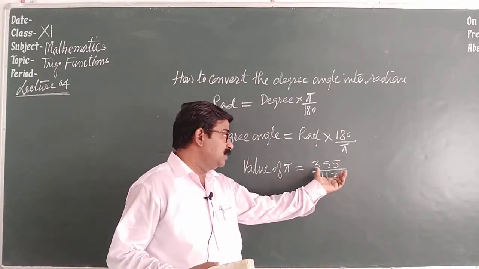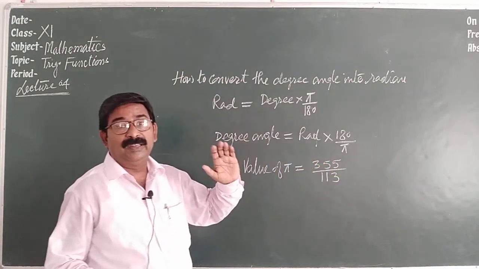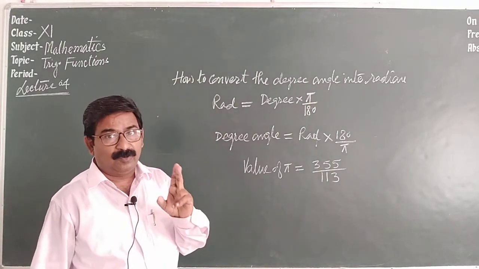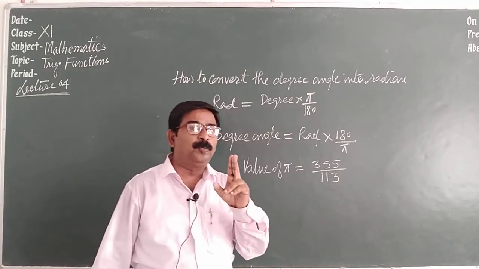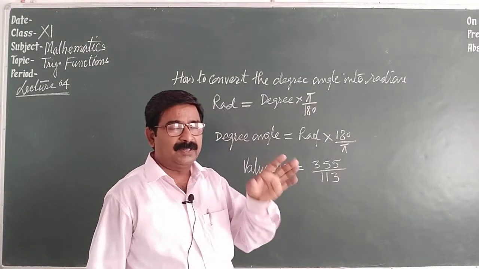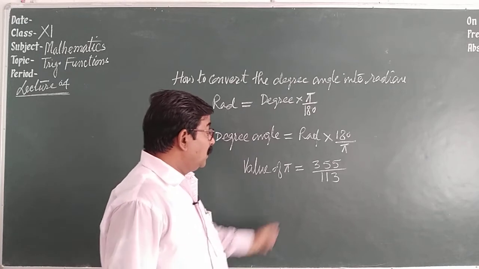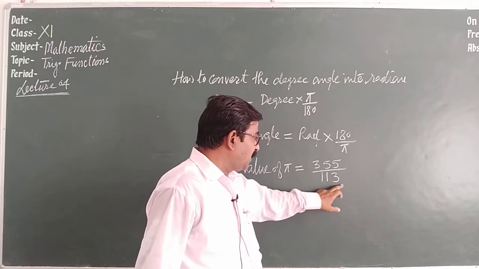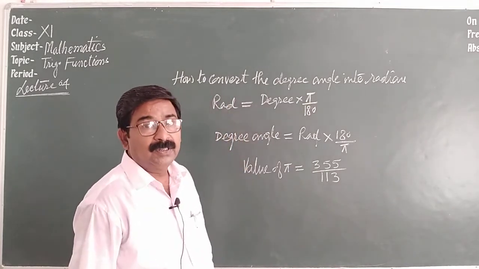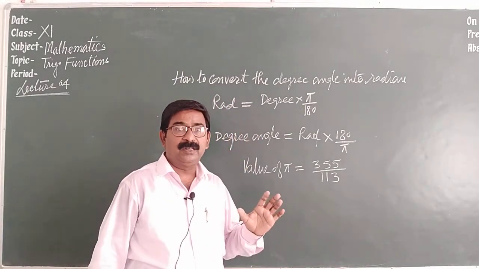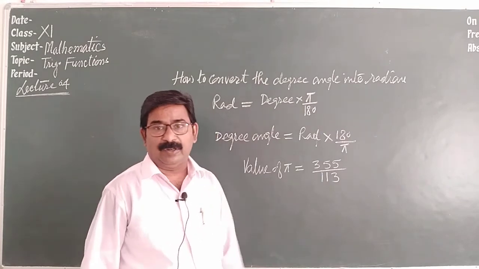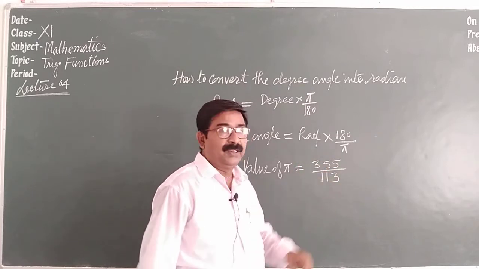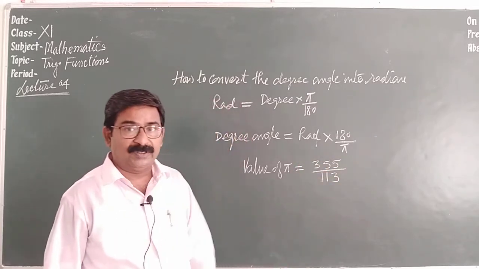It gives the decimal value exact up to 6 places of decimal. 3.14 is accurate to only 2 places, and after that it is not certain. But 355 upon 113 gives the value accurate up to 6 decimal places. So for accuracy you can write 355 by 113.